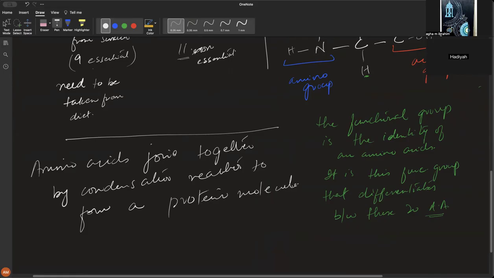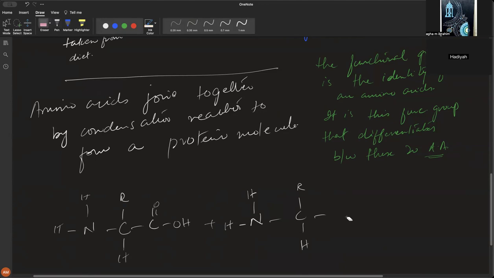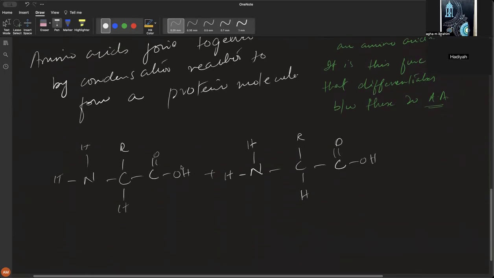Each protein molecule can have a different number of amino acids, 10, 20, 30, 40, whatever. How does it take place? We have already studied how an amino acid looks. When another amino acid comes close, they join with this condensation reaction, giving H2O.